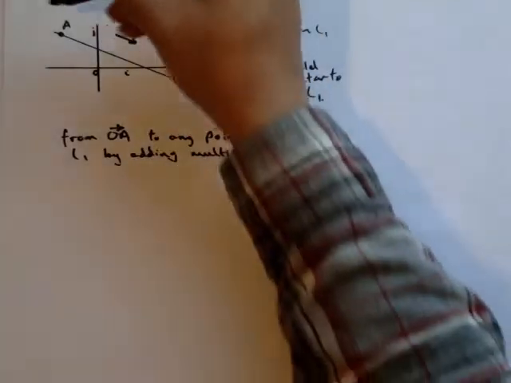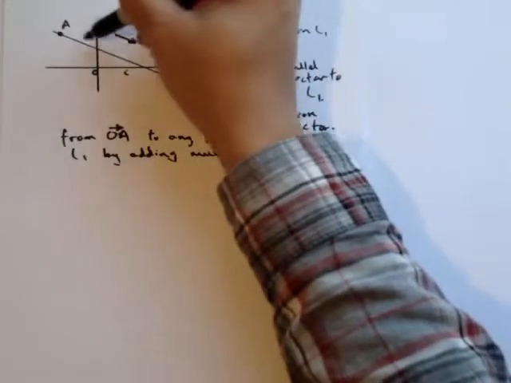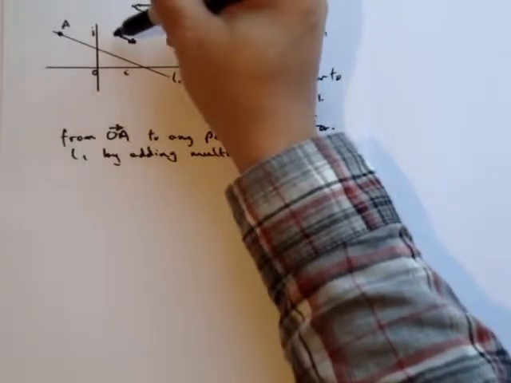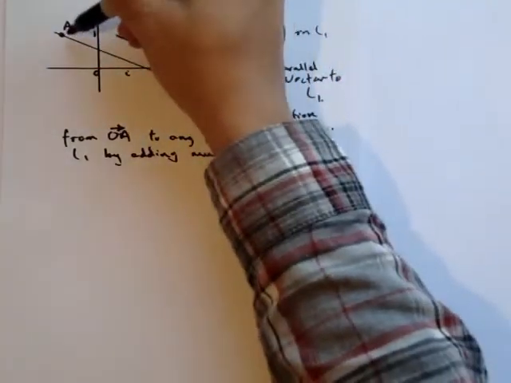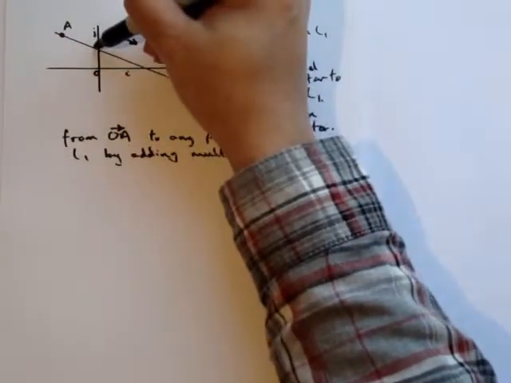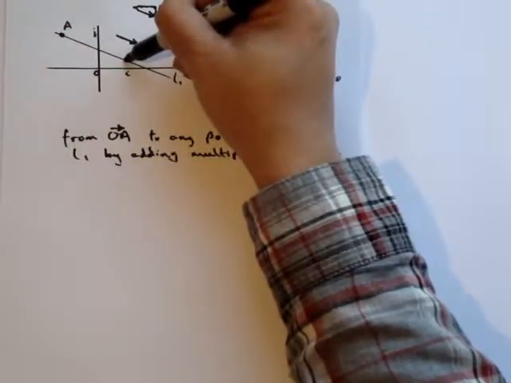So if we're here on A, adding the direction vector once would take us to about here, and twice would take us to about here.